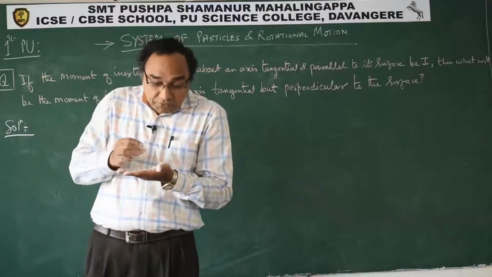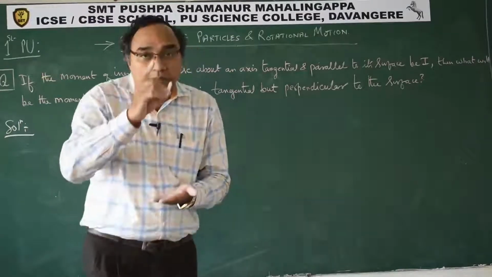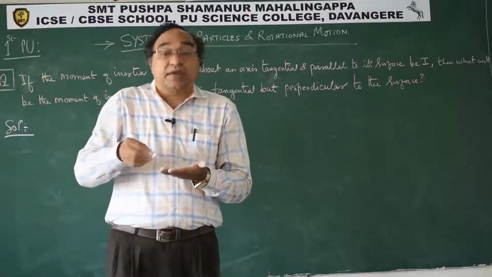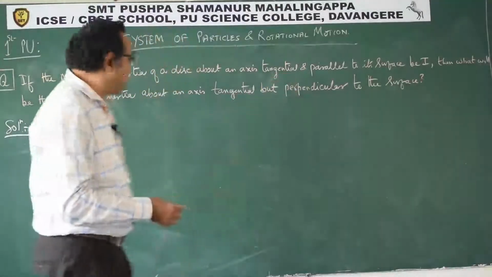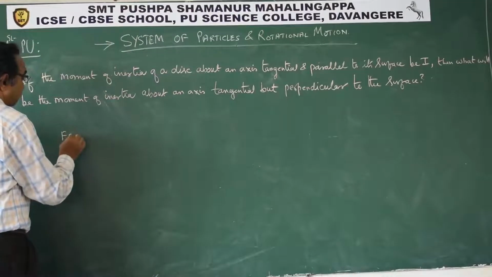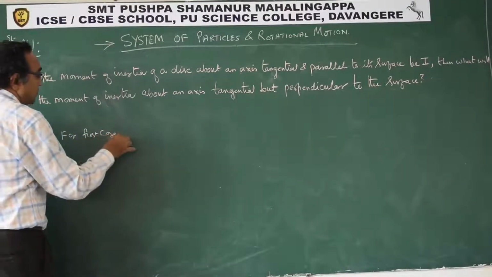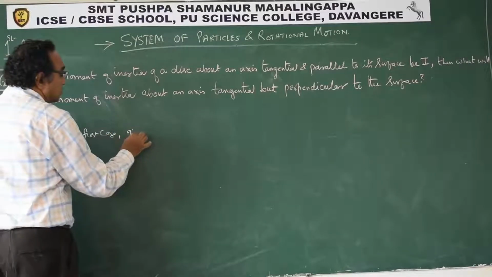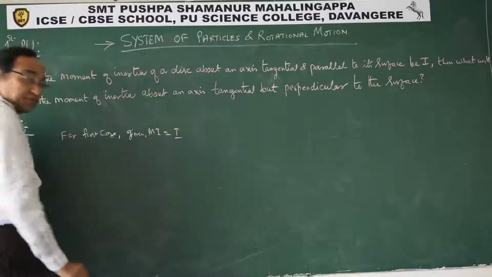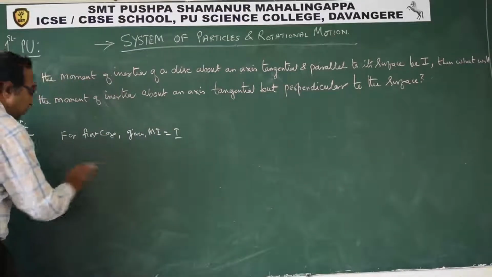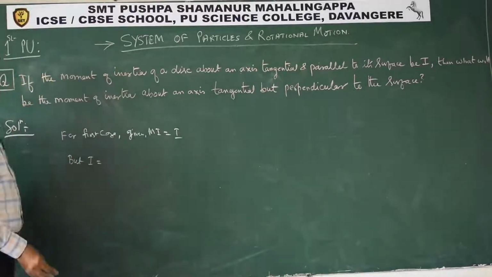So first of all we have to find the moment of inertia about the diameter by using the perpendicular axis theorem, then apply the parallel axis theorem to find about the first one. So for the first case, given moment of inertia is I, this is given, right? So what will it be? This I will be equal to what?